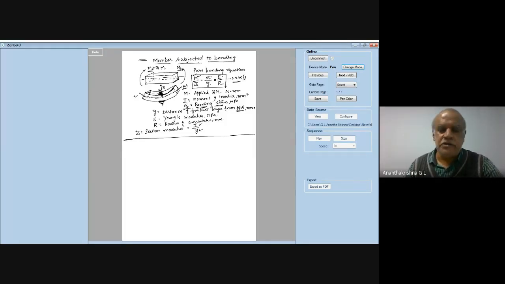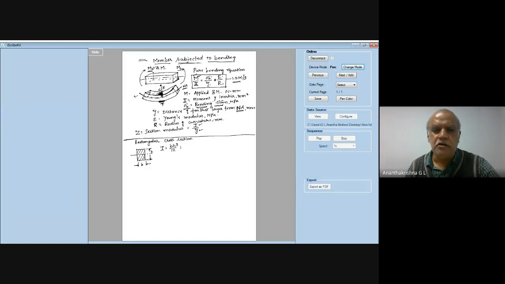Okay, fine. Now let's look at various cross sections. First we'll take up the rectangular cross section. It looks something like this. This is H and this is B. The value of moment of inertia for a rectangular cross section is given by BH cube by 12.